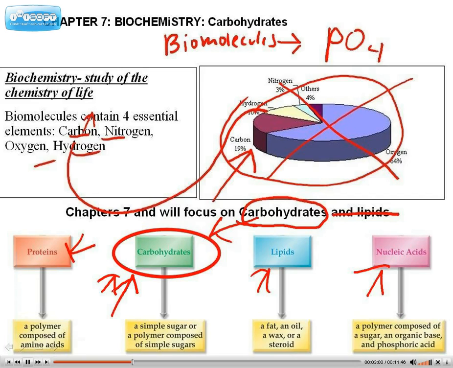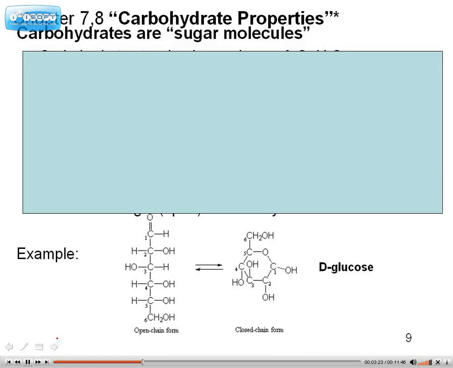Living organisms break down carbohydrates to release energy, but carbohydrates are also used as a molecular structural component, providing the framework within cells, for example, or the framework for DNA. So they have many purposes other than being broken down for energy.